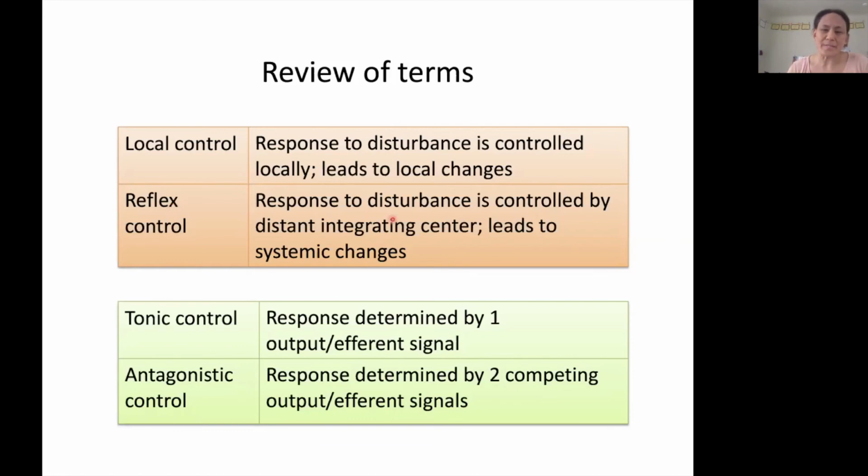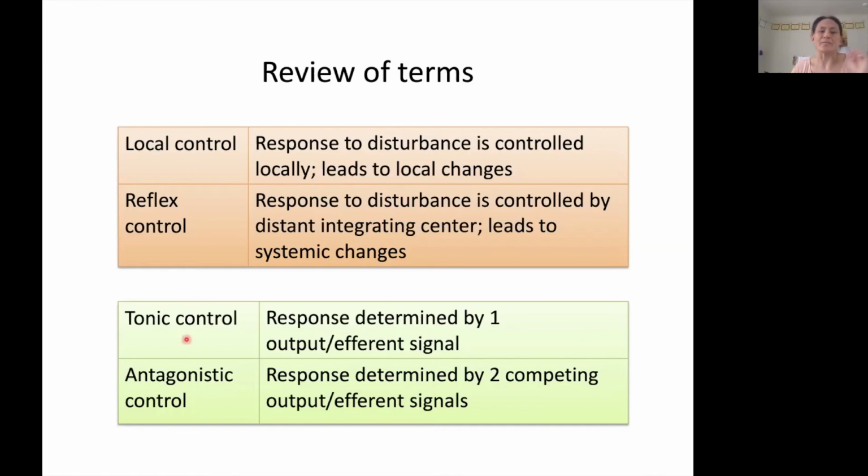So we have some disturbance that's processed by some higher processing center that's far away from where that initial disturbance happened, and that's going to lead to systemic changes, changes to your whole body. Now looking at the bottom here at tonic versus antagonistic control, I want to remind you that this really has to do with how the response is controlled at the target organ or target tissue.